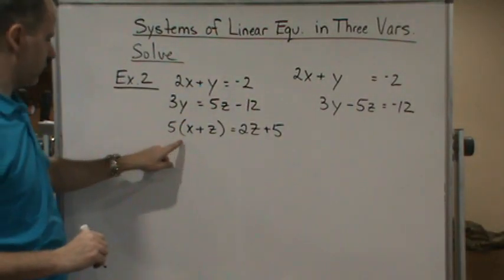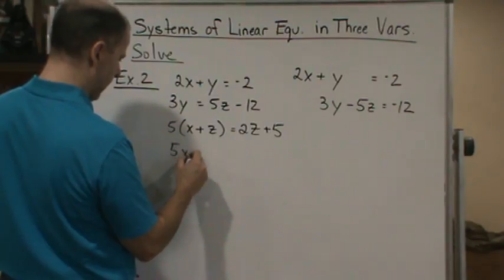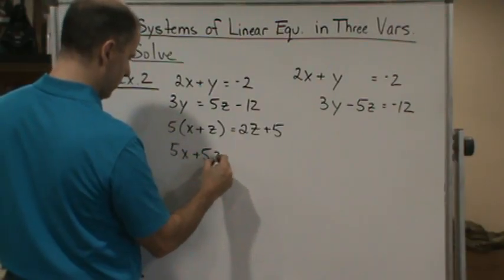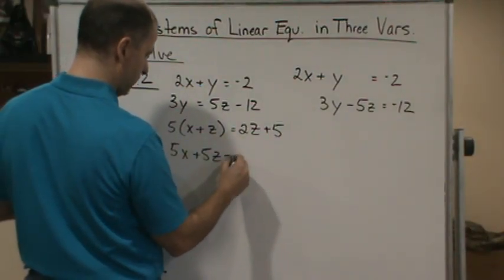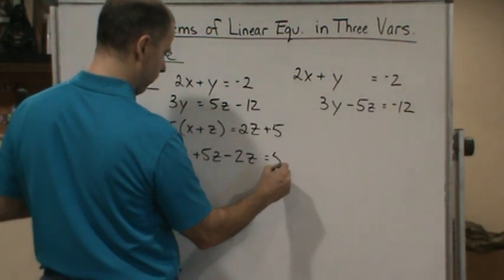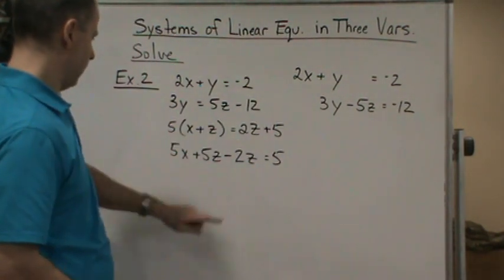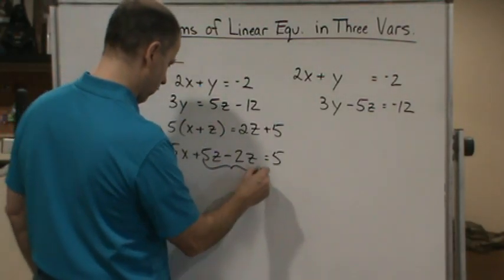And here I'm going to distribute, so this is going to be 5x plus 5z, and then I'm going to subtract off the 2z from both sides, so minus 2z, and that's going to equal 5, right? So x, now there's no y here, so I'm going to have to combine these, right?